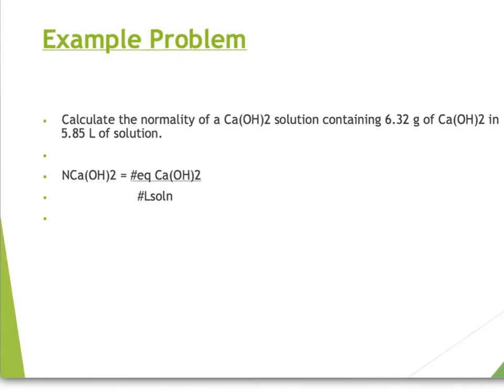Now let's look at an example problem. Calculate the normality of a calcium hydroxide solution containing 6.32 grams of calcium hydroxide in 5.85 liters of solution. Well, let's begin on the next page looking at how to solve this problem.